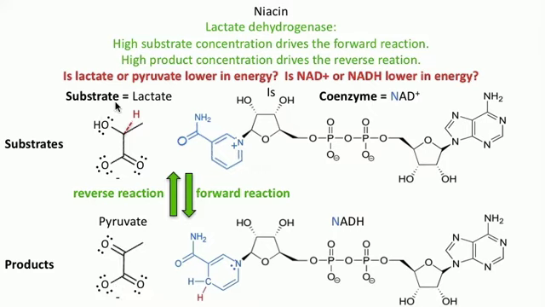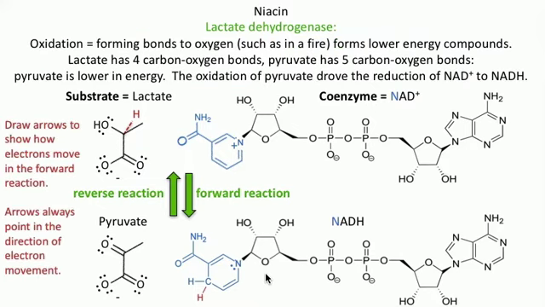As the electrons on the oxygen resonated down to form a double bond, that is, as lactate got oxidized, the hydride was driven onto NAD plus to make NADH, which means that NAD got reduced. Oxidation reactions drive reduction reactions.